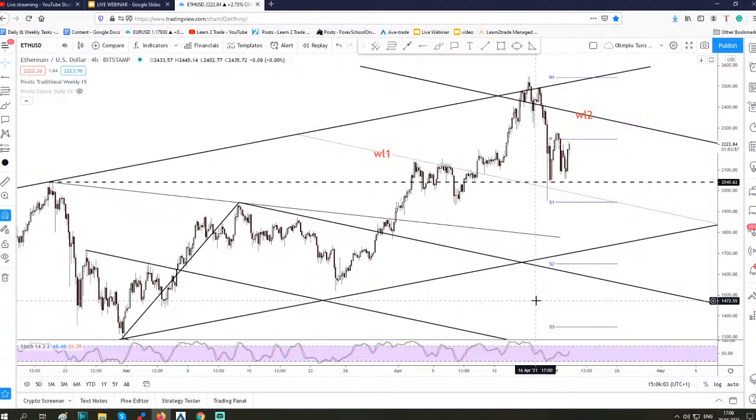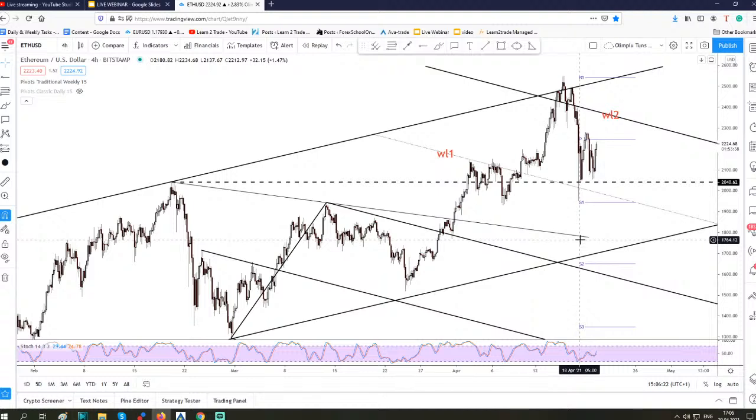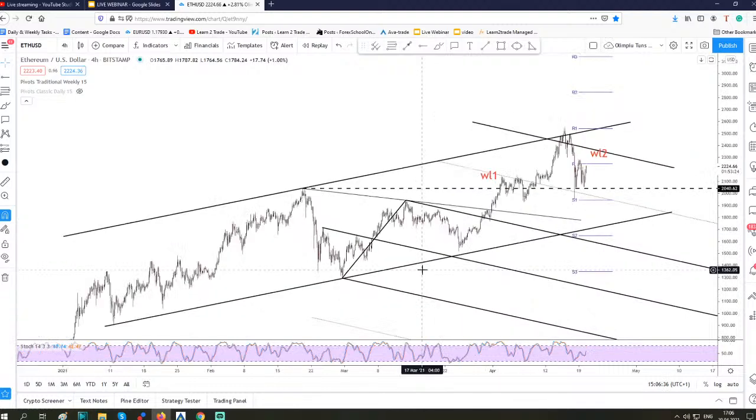It has failed to close above the R1, above the weekly resistance. It has retested the upside line and now it has decreased, but the bias remains bullish. As you can see, the price is still trapped within this up channel. It has registered only a false breakdown below 2040.62, below this former historical high.